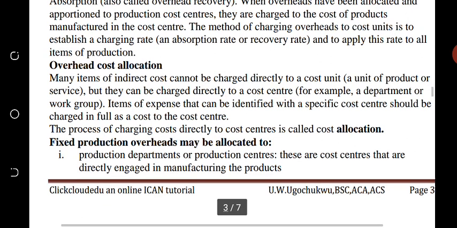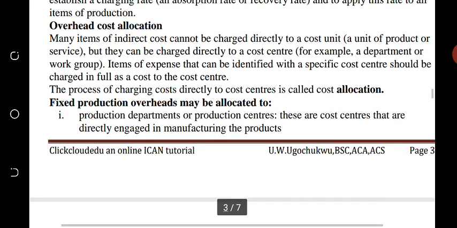Overhead cost allocation. Many items of indirect costs cannot be charged directly to a cost unit, a unit of products or service, but they can be charged directly to a cost center, for example a department or cost group.